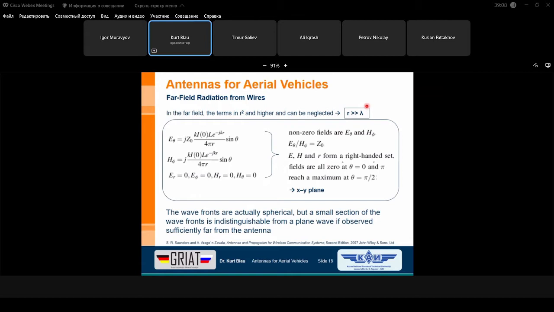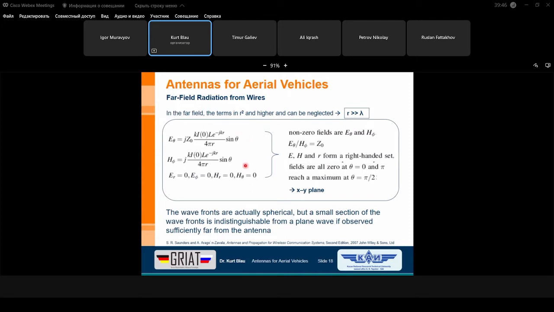This is given at a distance from the origin of our antenna which fulfills this condition, meaning the radius of the observation point is much larger than the wavelength. If we have a large wavelength, meaning a very low frequency, then it's clear we have to consider very large distances.